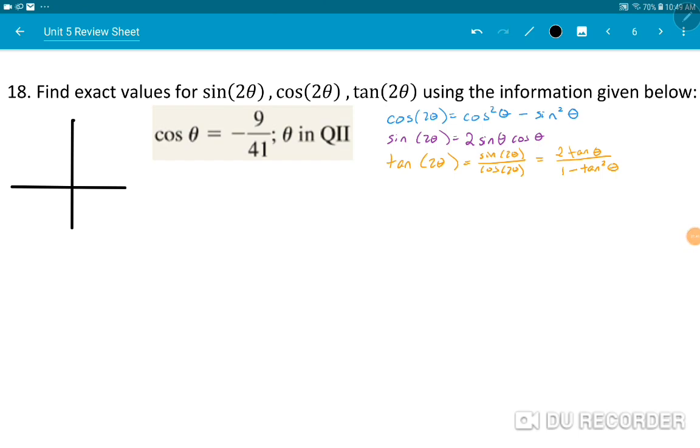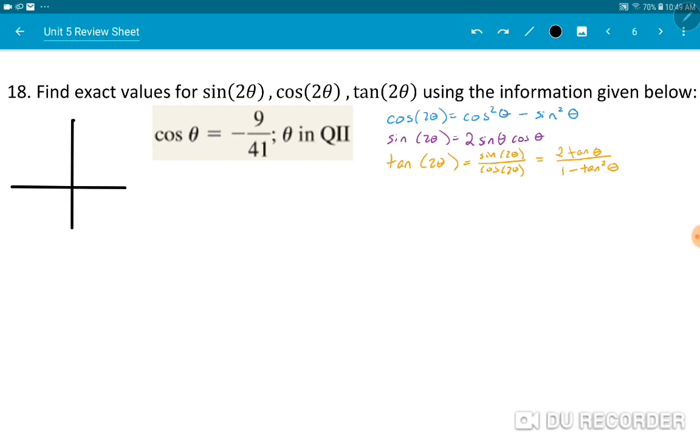So I have cosine, and I at least need sine. I might need tangent only if it comes out ugly and I can't evaluate it with just sine over cosine.